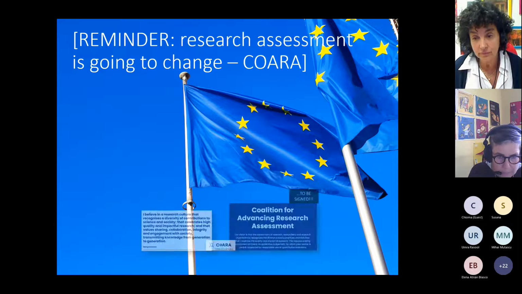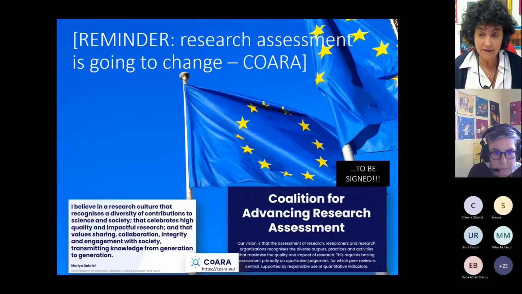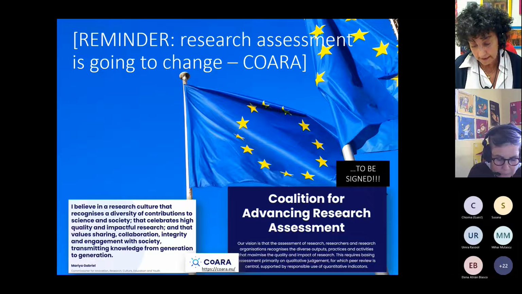That's no longer true, because last year, COARA was launched by the European Commission, the Coalition for Advancing Research Assessment. It's a coalition of more than 400 institutions. The University of Turin signed it. I hope other universities within UNITA will also sign the coalition.